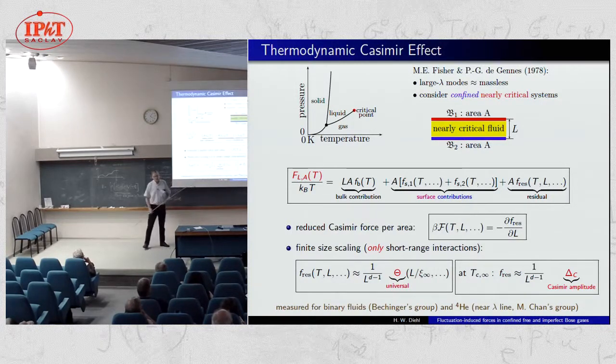And the force is then the derivative with respect to L of this. And this has been measured some time ago indirectly by looking at wetting layers of helium on substrates and then going to the lambda transition, and directly by Clemens Bechinger's group in Stuttgart, who is now at Konstanz, for binary fluids.